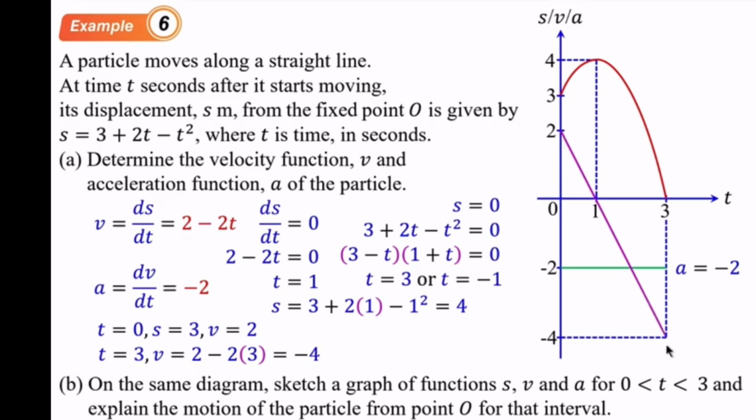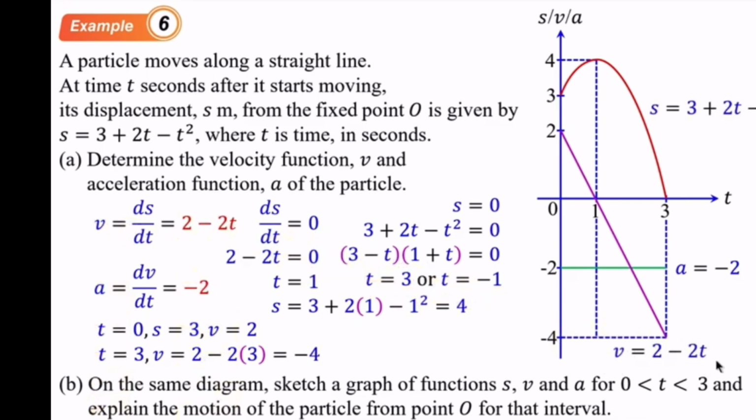The domain is given from 0 to 3, so actually we have to follow the domain given. Alright, so for the displacement, we can label it as s equal to 3 plus 2t minus t squared. For the velocity, we can use v equal to 2 minus 2t.